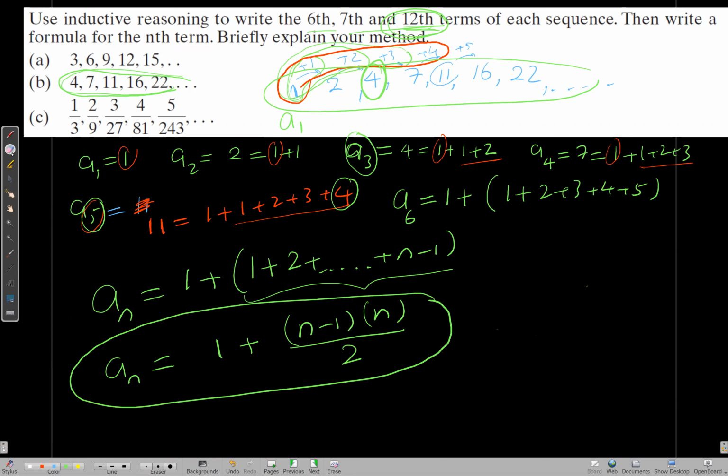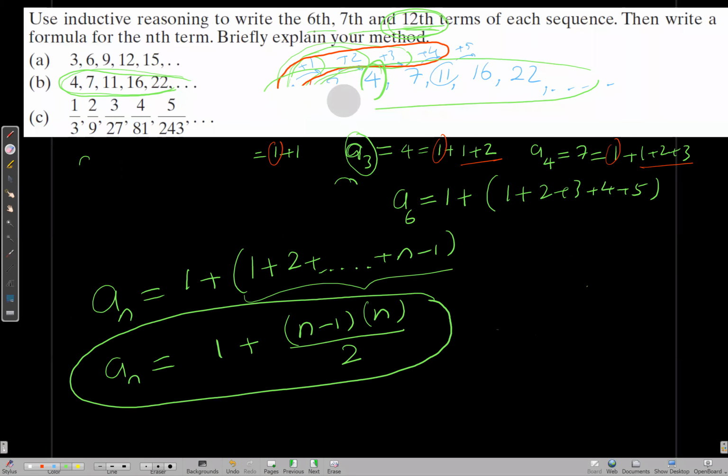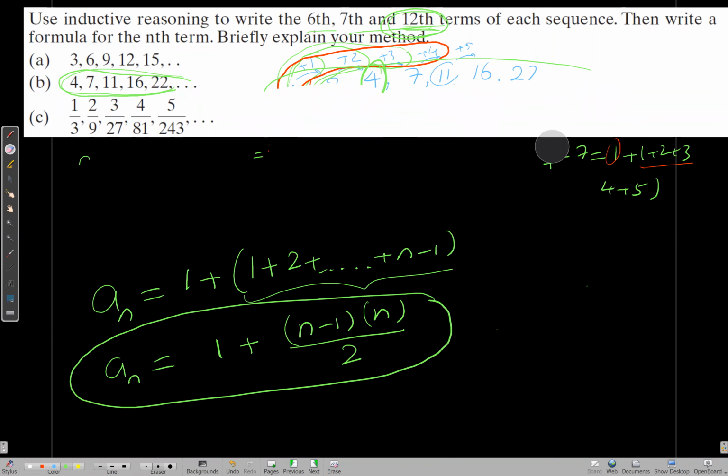Let me erase these things. Now here: 1, 2, 4, 7, 11, 16, 22. That is the problem given to us.